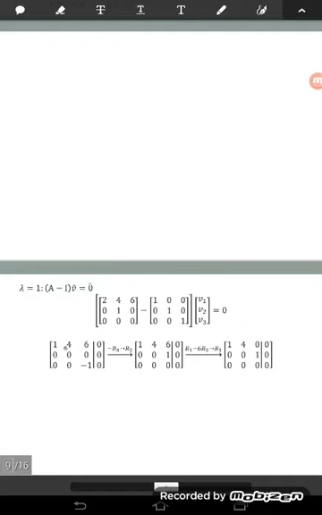For the second row, we don't have a leading one, but we need the leading one on the second row. But this second row is a 0 vector, and usually a 0 vector must be at the bottom.